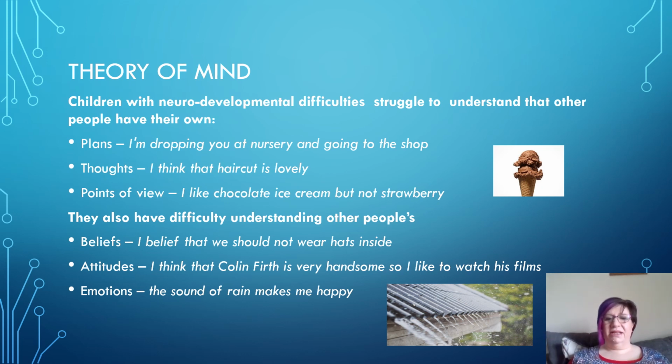But theory of mind can be really quite complicated, and it's about our ability to think how other people might think differently to us, and that's really, really tricky for our kids. It's really tricky for our kids to know that other people have got different thoughts to them. So I've often spoken to parents and said, do you ever feel like your child thinks that you should be able to read their mind?